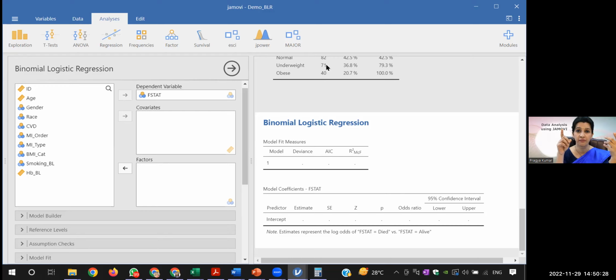Even if statistical significance is not there, you take that variable as a predictor variable in your model. So clinical significance first, then unadjusted odds.